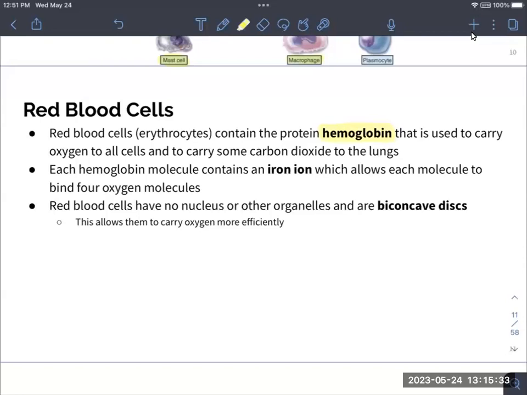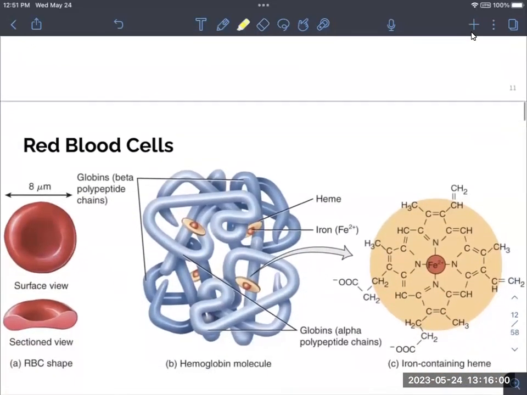And that's how we transport most of the oxygen in our blood. Hemoglobin, this is where iron comes into play. Hemoglobin contains iron. So each hemoglobin molecule, because of the iron, can hold on to 4 oxygens.